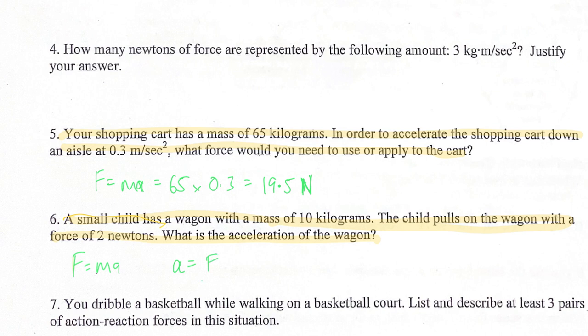Force divided by mass, good. The force is 2, the mass is 10. The acceleration will be, not 5, 0.2. The other way around, 2 divided by 10, not 10 divided by 2. Okay, so 0.2 meters per second squared, yeah?